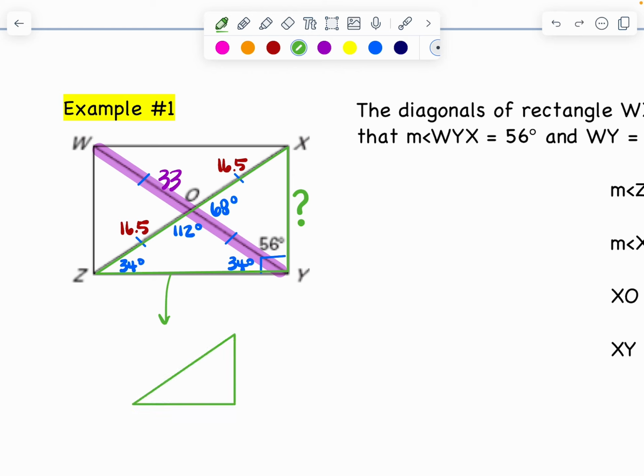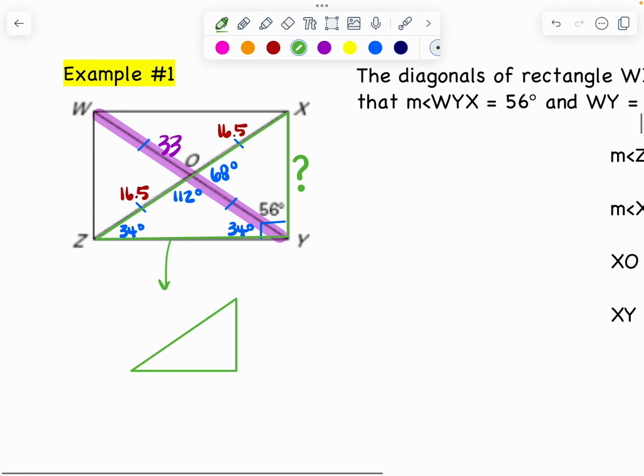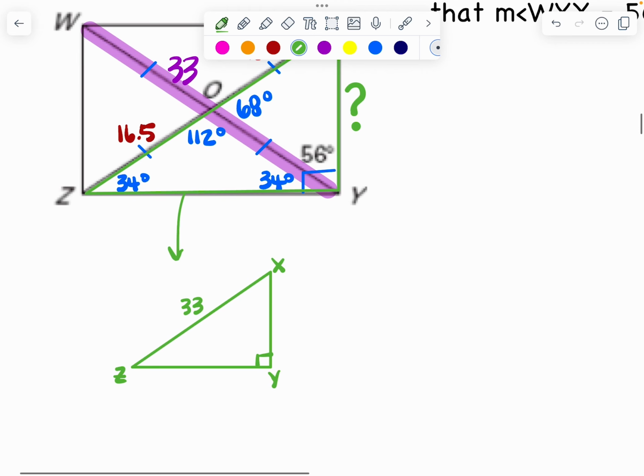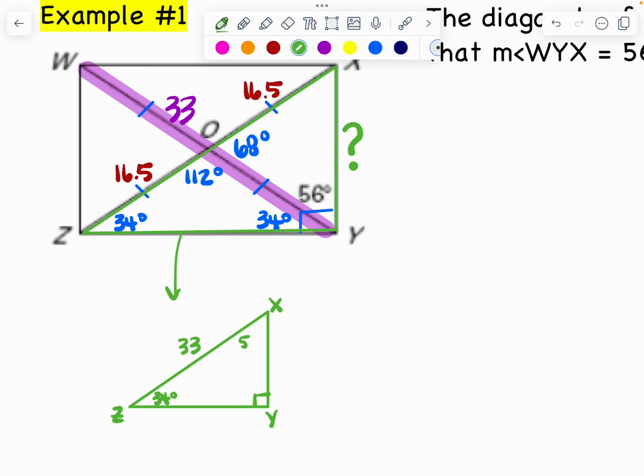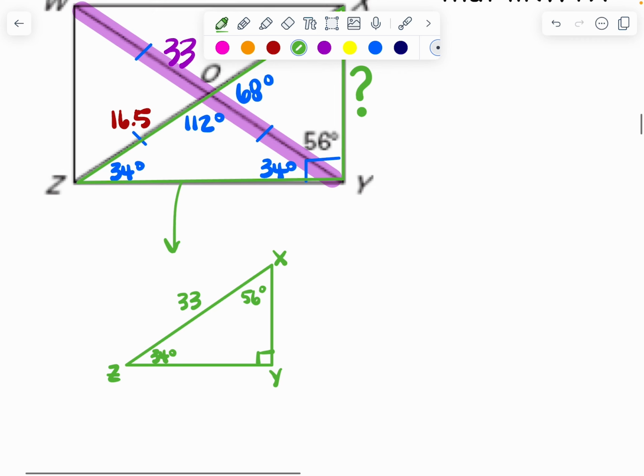This is my right triangle. There we go. That's better. So here's that right angle. Here's x, y. Here's z over here. I do know that this is 33, right? The diagonal. And I know that this is 34 degrees. And I know that this is 56 degrees, right? And I'm looking for x, y.